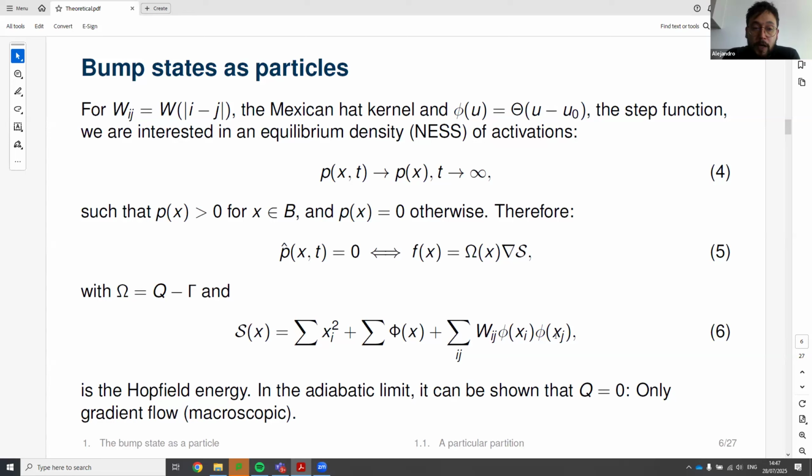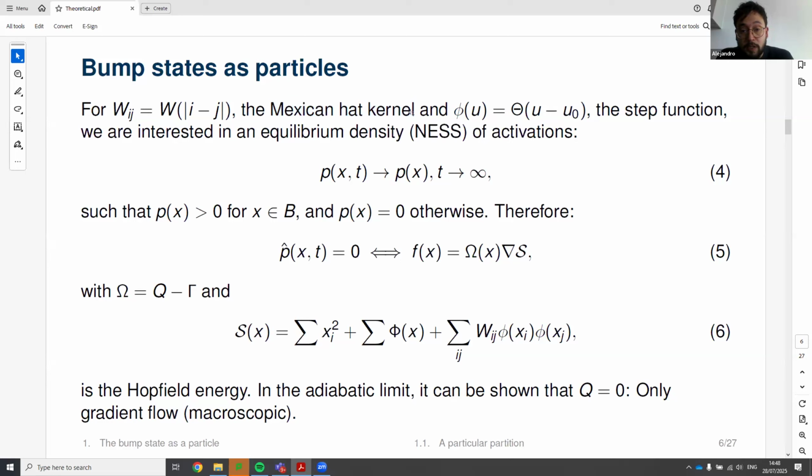So we will start with a symmetric kernel, which depends only on the distance of the neurons, commonly known as the Mexican hat. This is necessary for the existence of the bumps. No, well, it's sufficient for the existence of the bumps. We will see that there are other kernels or other mechanisms that generate bumps later.